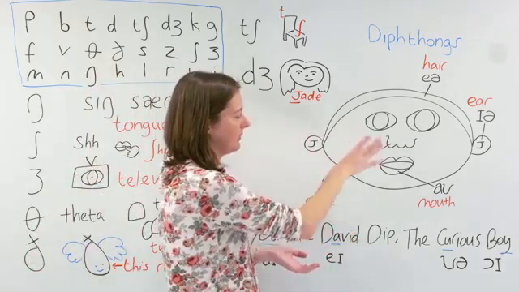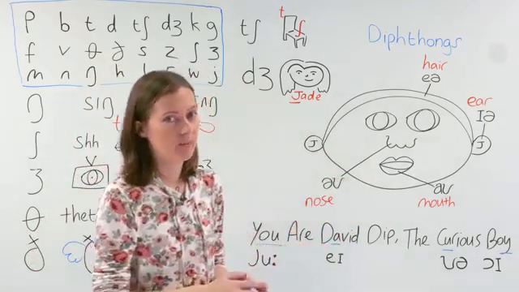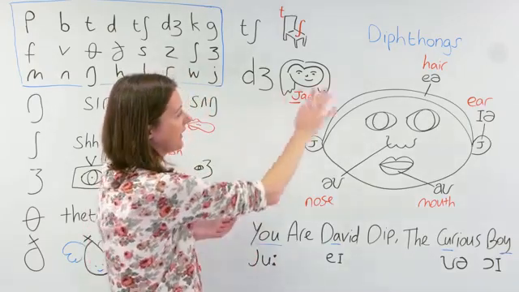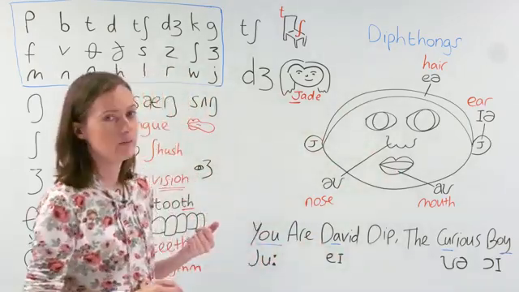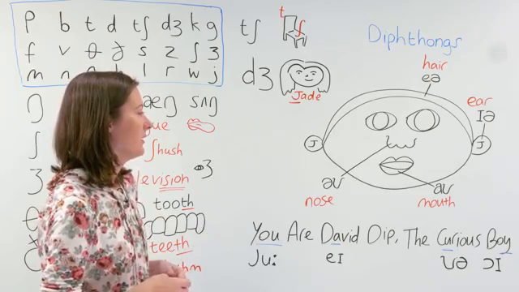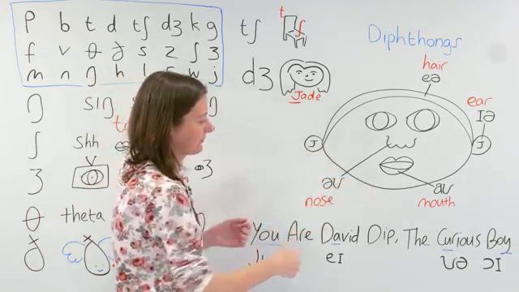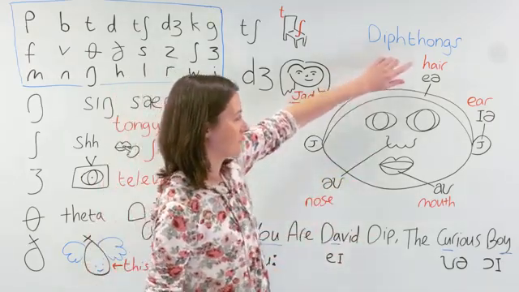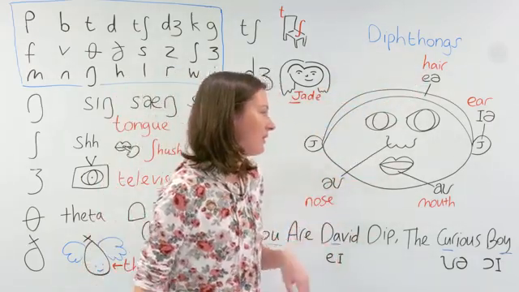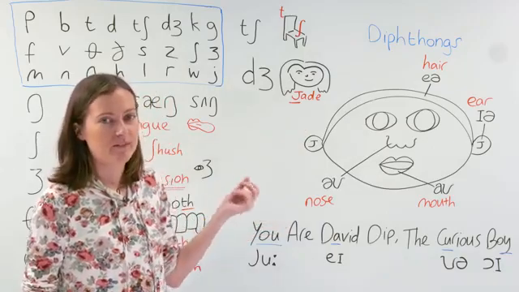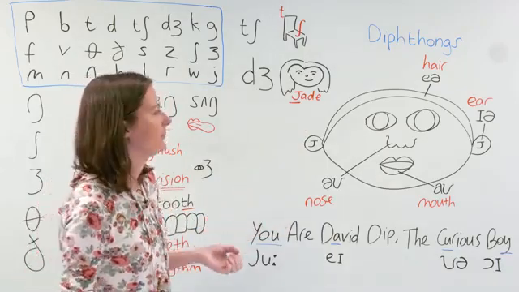This diagram, this drawing, can help us remember, because here is included all the diphthongs of English. And his name is David Dipp. Dipp stands for diphthong. That's his name. And all the parts of his face have a diphthong sound in them.